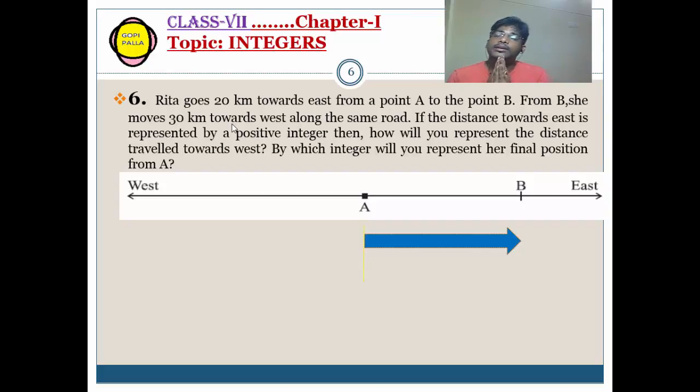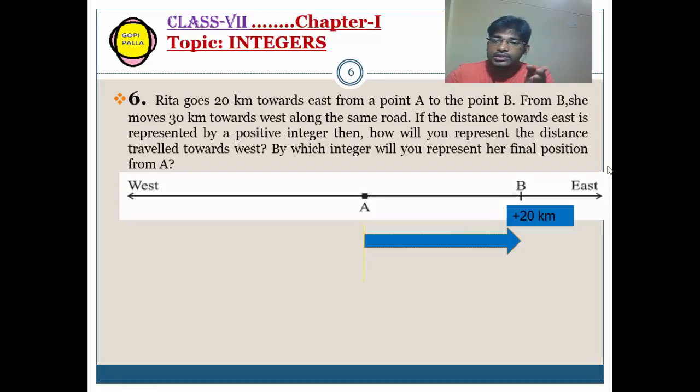So the given data, we'll just put it in a figure here from A to B. So here the data goes 20 kilometers towards east. East is this direction. So this arrow shows 20 kilometers towards east. Then what he has given is from B she moves 30 kilometers towards west.